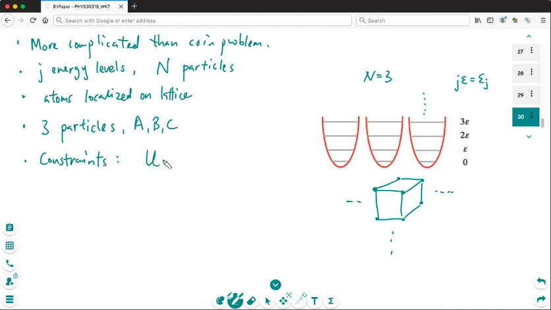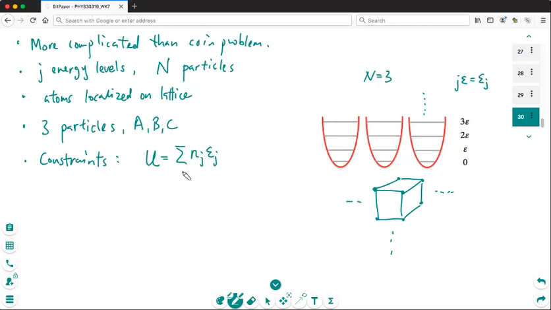U, the total internal energy, in the non-interacting case is simply the number of particles occupying the energy level epsilon, and this product will give me the total energy.